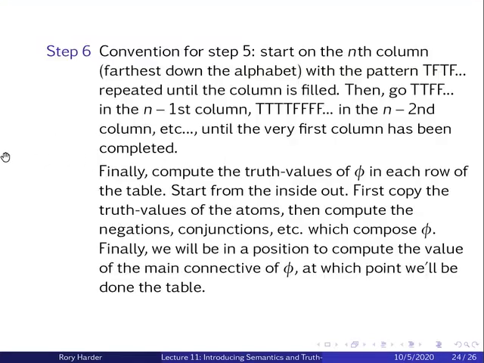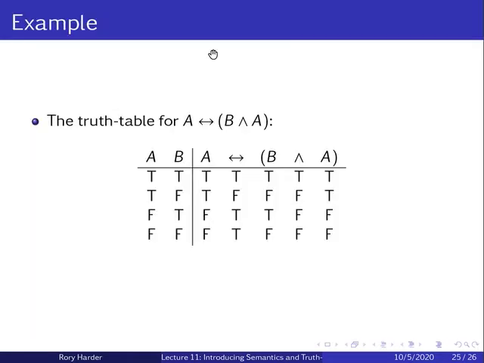So following the convention we gave for listing that, we start with the last sentence letter, and we alternate between true and false. So TF, TF.